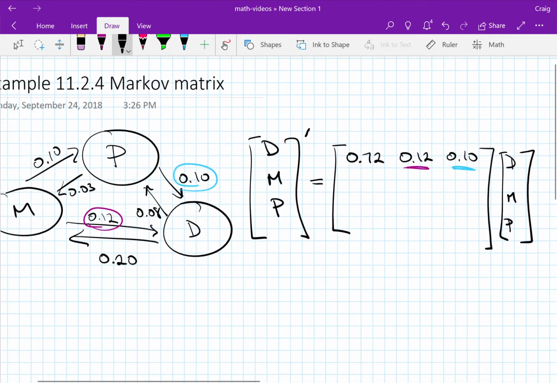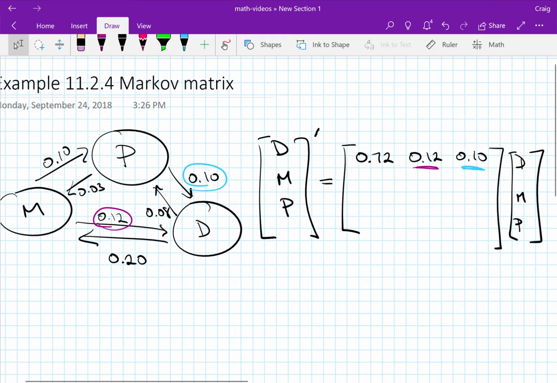And we can do the same thing to find the people entering Maryland. The people coming from Delaware into Maryland, that's going to be this 20% right here. So that's 20% of the people that are in Delaware entering Maryland.